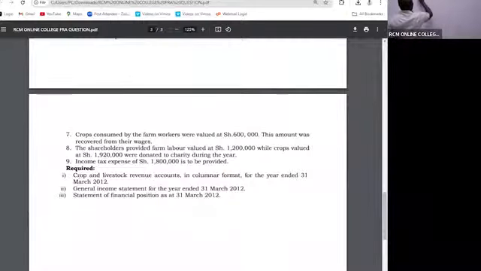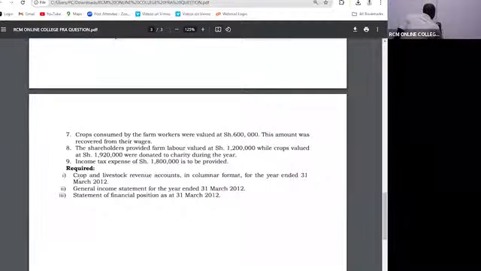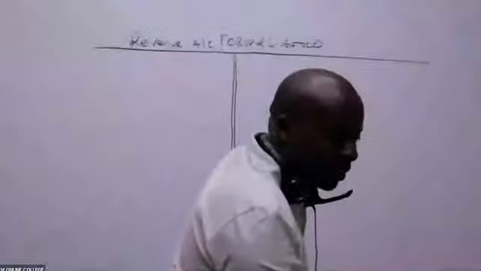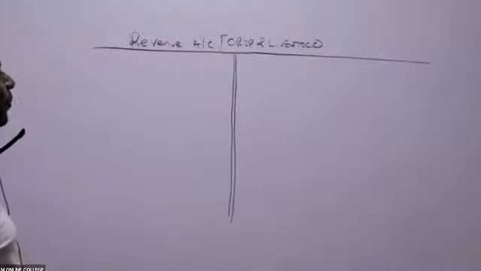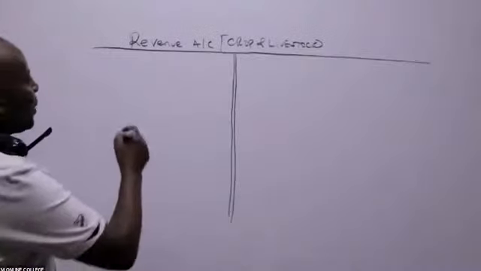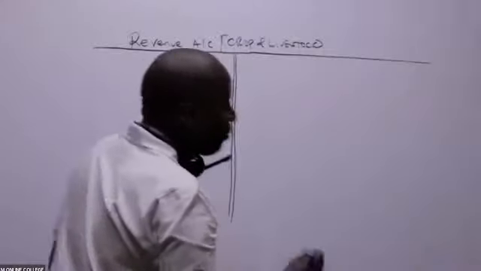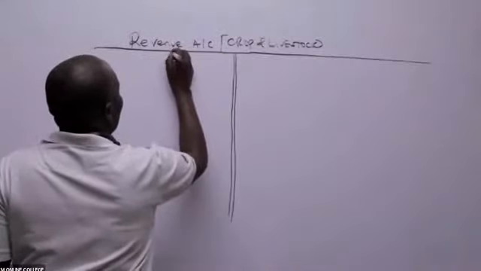For those of you who have got nice rulers, ensure that you use them very well. So we have our revenue account for crop and livestock. In this case, we shall have the crop.